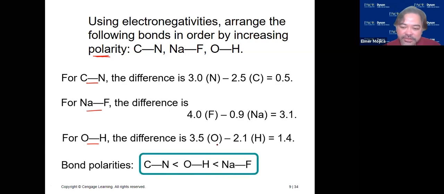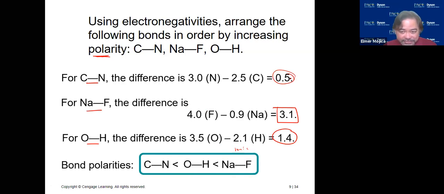And NaF is already an ionic bond, so that's really very polar. OH is more polar than CN because of the values of their electronegativity difference.